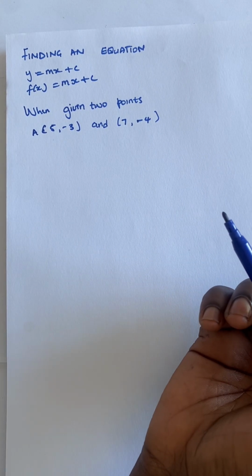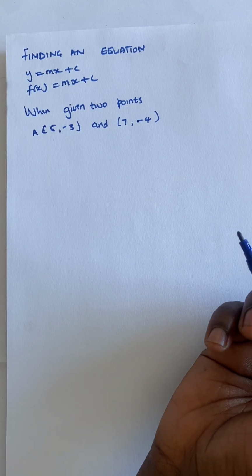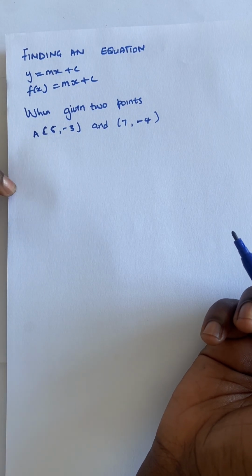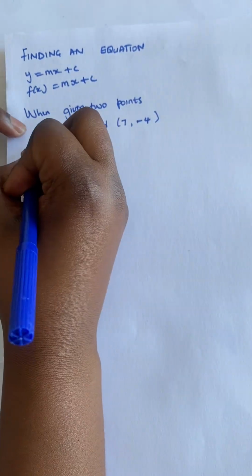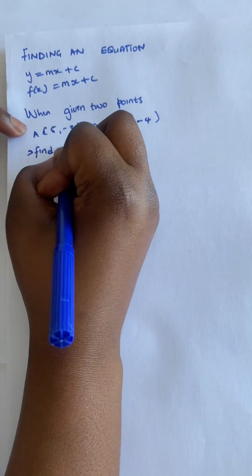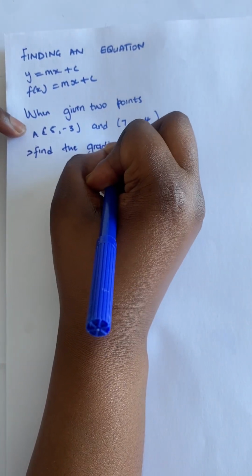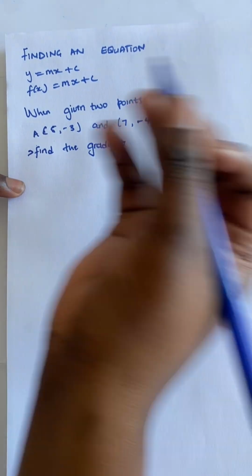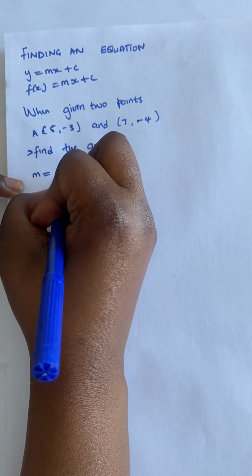When you are given 2 points, you first have to find the gradient. Obviously, I have given you the formula for finding a gradient.